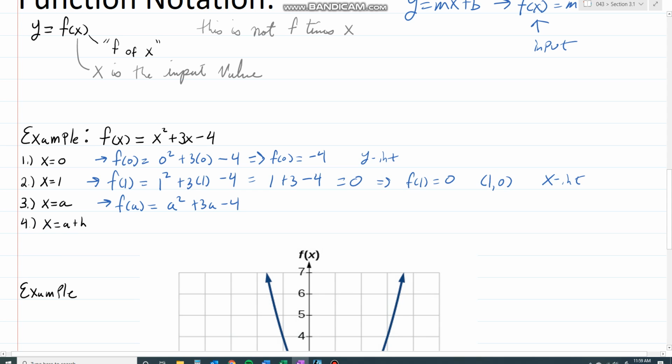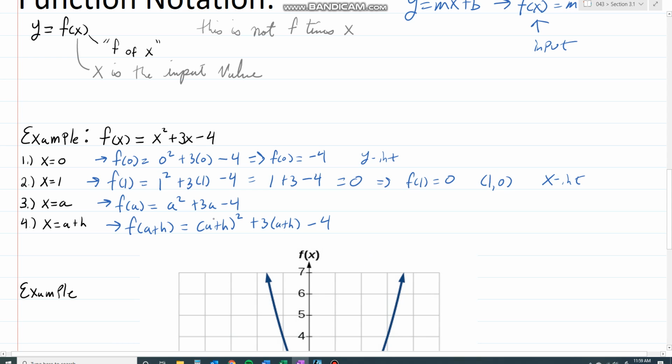What about this one? X equals a plus h. Let's plug that in and see what happens. So I have f of a plus h equals (a plus h) squared plus 3(a plus h) minus 4.